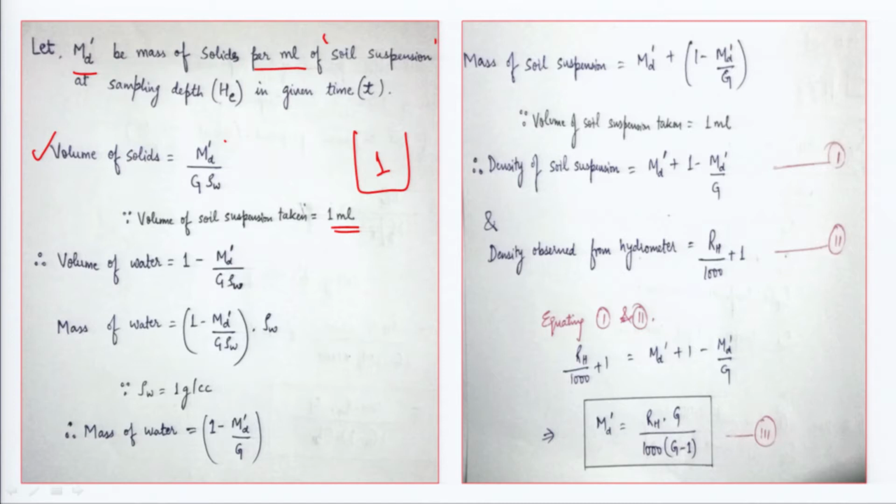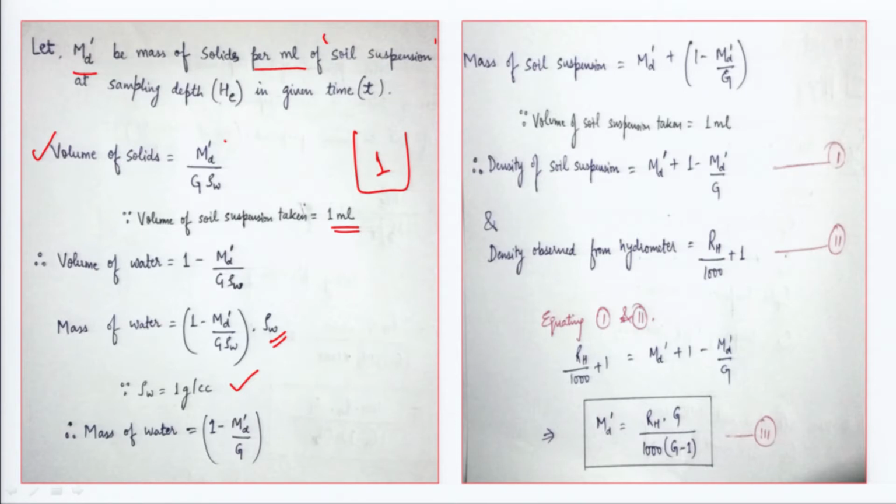If you talk about the mass, density is equal to mass upon volume. So the mass of water will be equal to 1 minus MD dash by G rho W into the density of the water, and we already know that the density of water is 1 gram per cc. So the mass of water will be 1 minus MD dash by G.